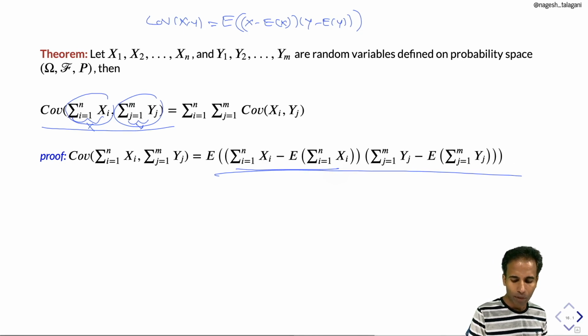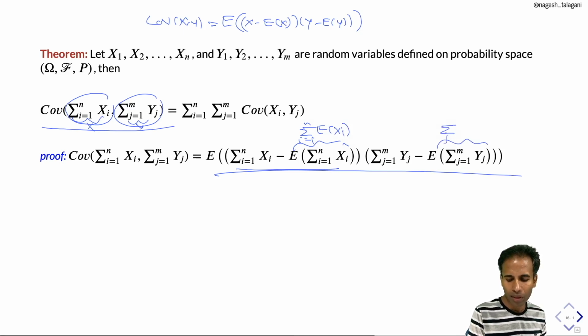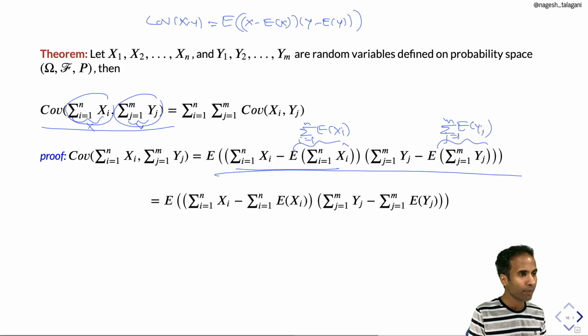Okay, fine. Here if I apply the linear property of expectation, then I can write summation i equal to 1 to n expectation of xi. Similarly here also, if I apply the linear property of expectation, then I can write summation j equal to 1 to m expectation of yj. Okay, in the next step we have this.